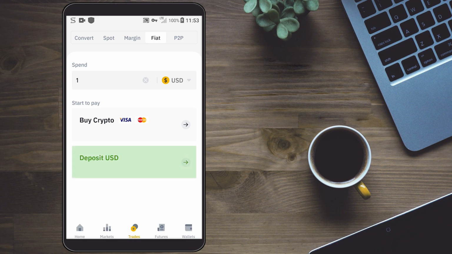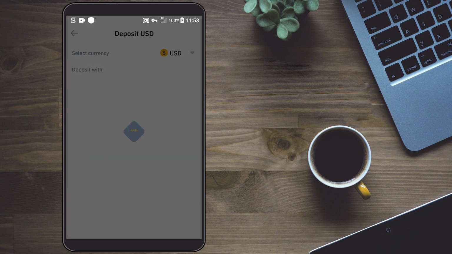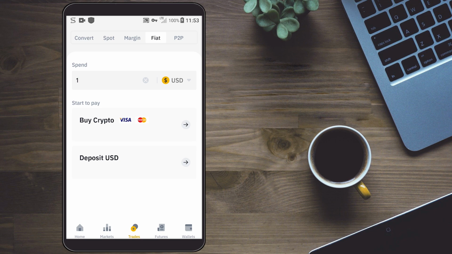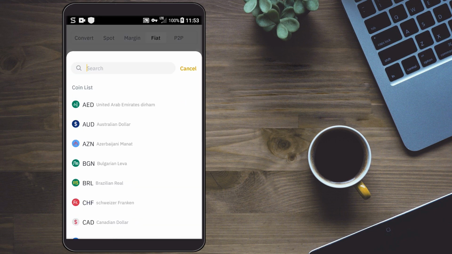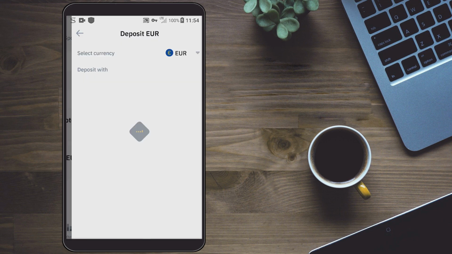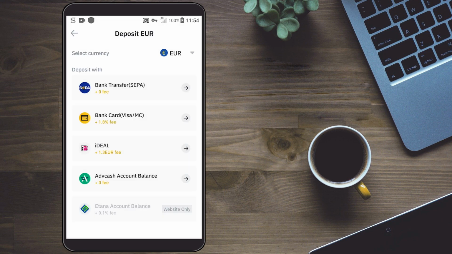Or here you can deposit USD by SWIFT bank transfer and also SEPA bank transfer. Or, for example, let's choose Euro. You can see that besides Visa and MasterCard, for depositing we have more deposit methods here, as you can see. Let's get back to the previous page.